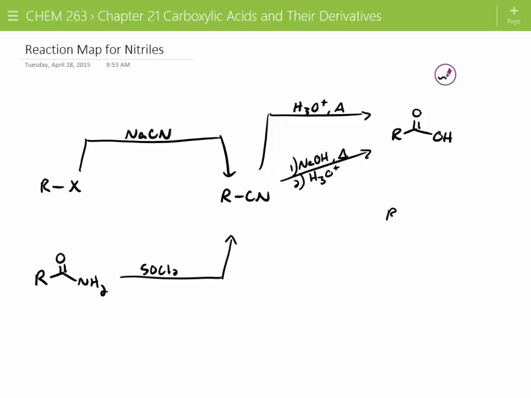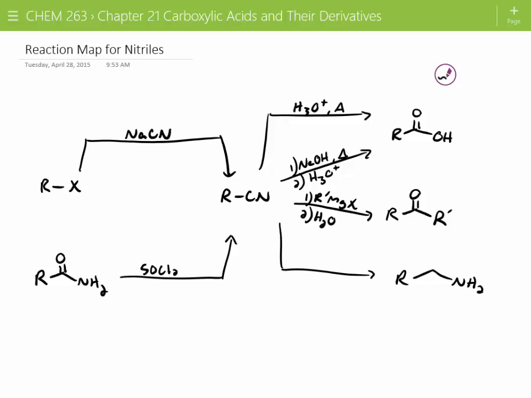And then what about if we want a ketone? A Grignard. So I'll call this R prime MgX. Then water. And then what about going to an amine?